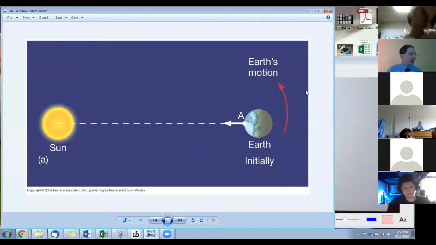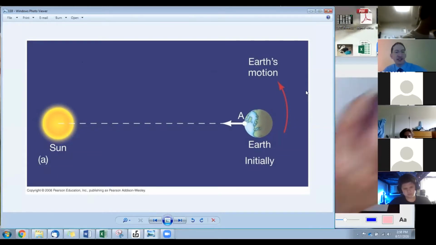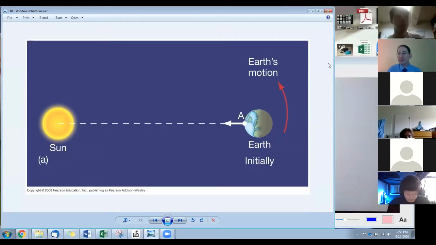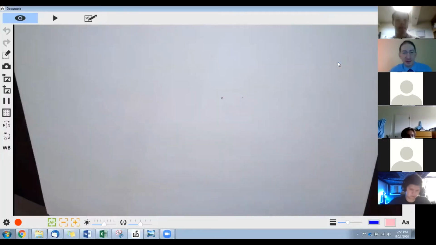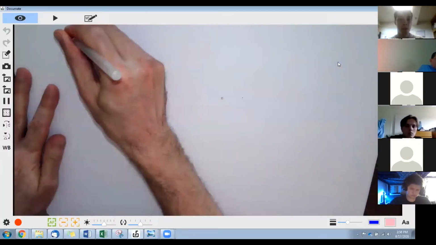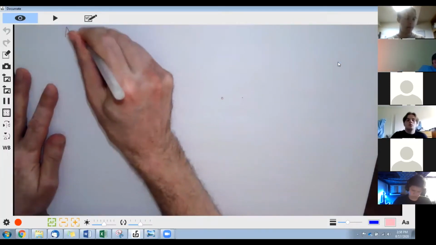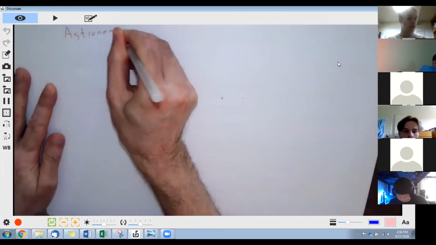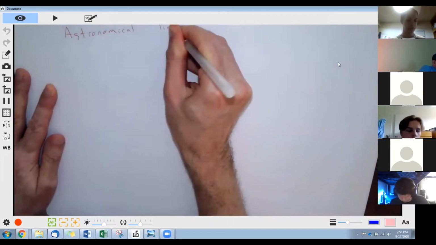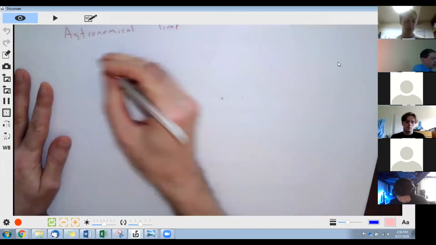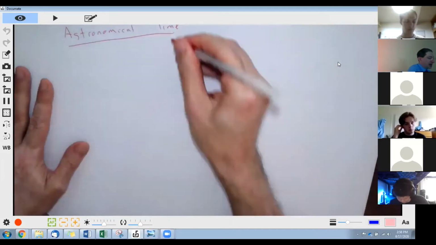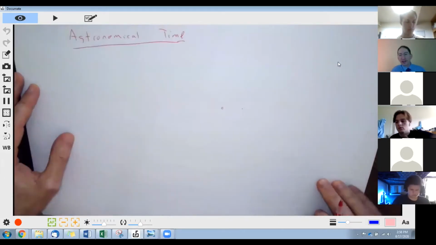So the next topic, we're going to throw the sun in here, and let's approach it from the standpoint of time. So the topic will be astronomical time. Now, there are a couple different ways that you can measure time.